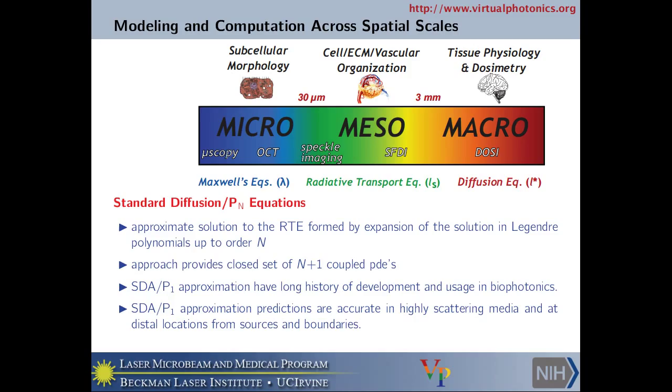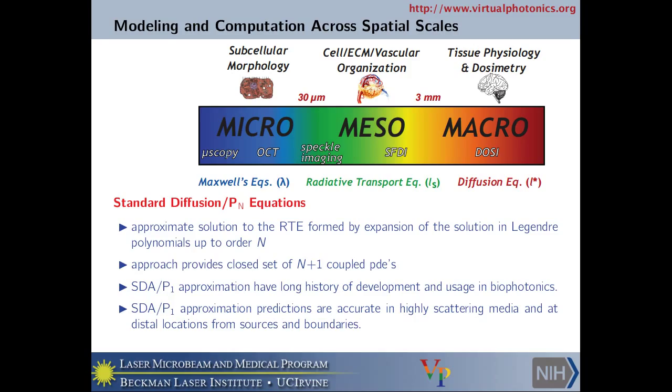But what we do in these sorts of equations is that we form an approximate solution to the RT by expanding the solution, and what I mean by the solution is the radiance, which I talked about, represents the spatial, directional, and temporal characteristics of light transport, and we expand that radiance angularly, rather, in a series of Legendre polynomials.